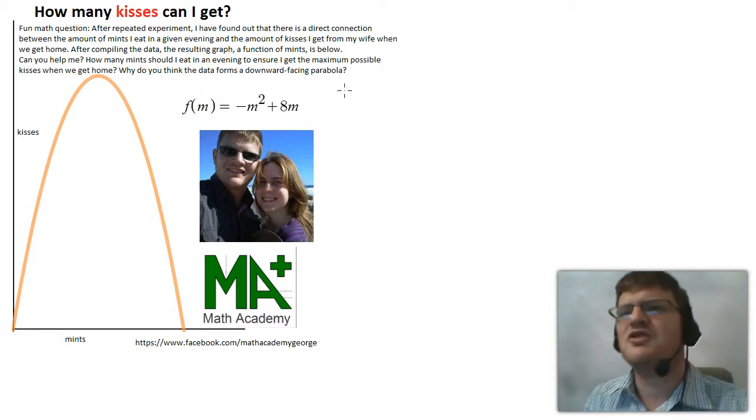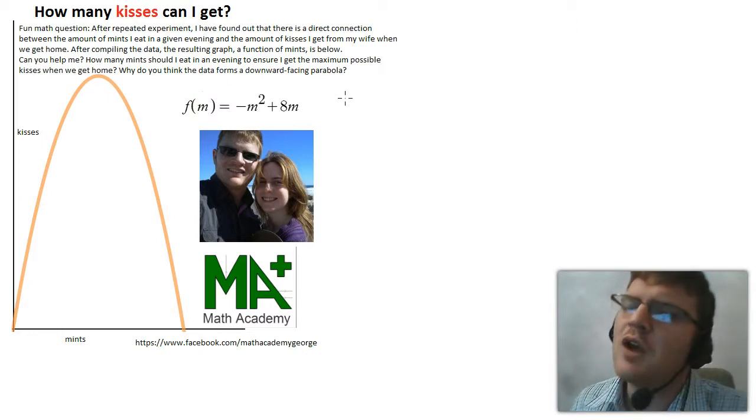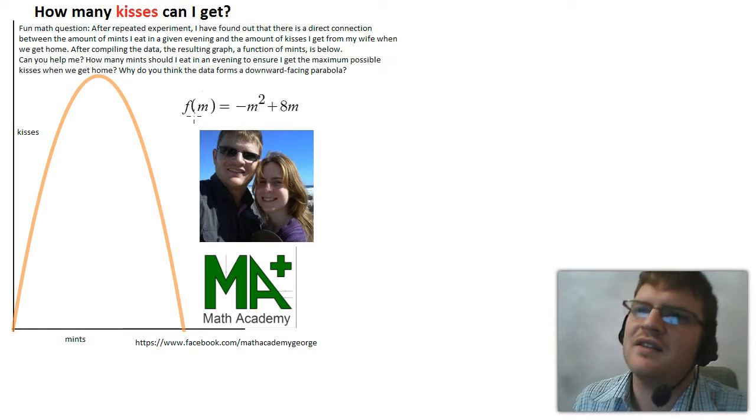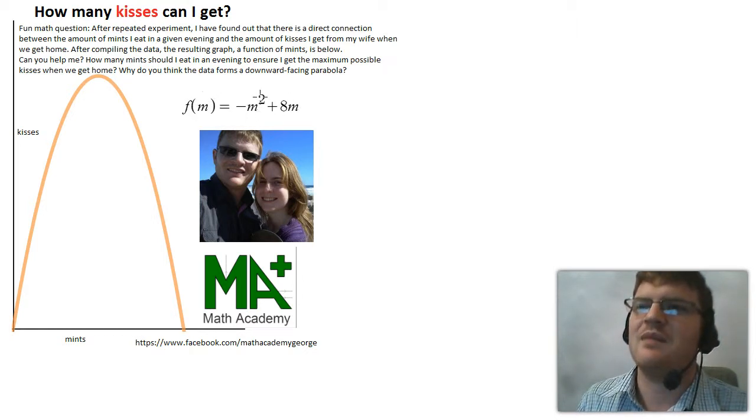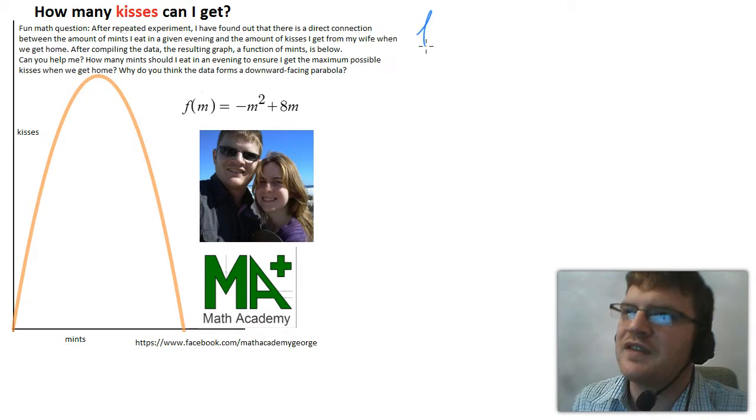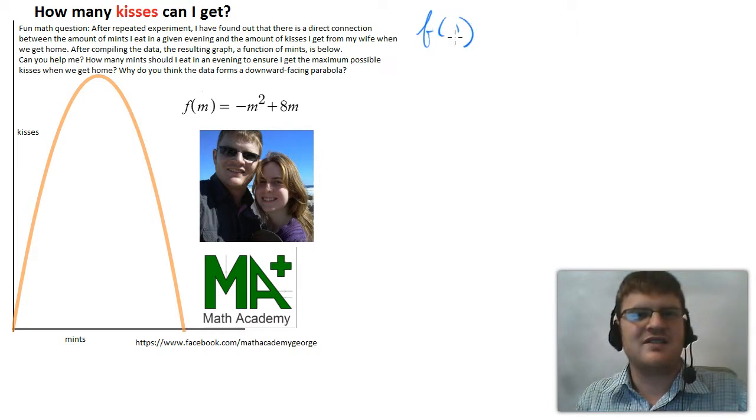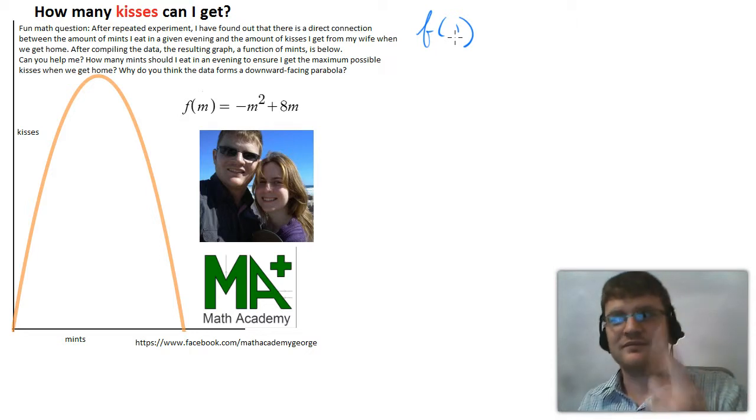And how this works, let me just show you. We say the function of mints, if we use a variable m, is negative m to the power of 2, or negative m squared, plus 8m. So what we do is we say the function now of 1. I want to know how many kisses I get if I eat 1 mint.